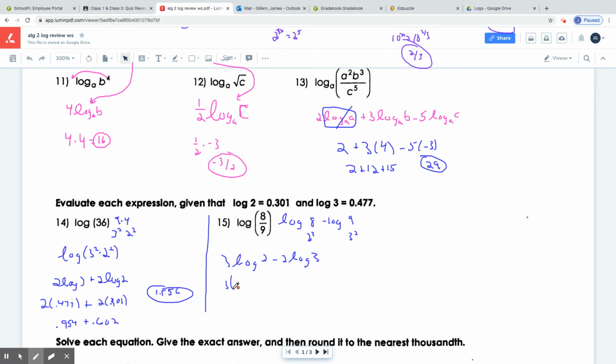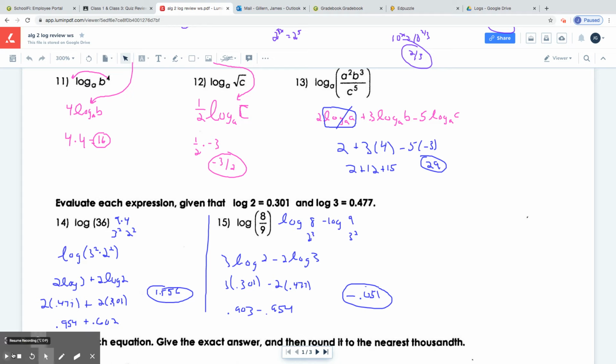So 3 times 0.301 minus 2 times 0.477, which is 0.903 minus 0.954, which then is negative 0.051.